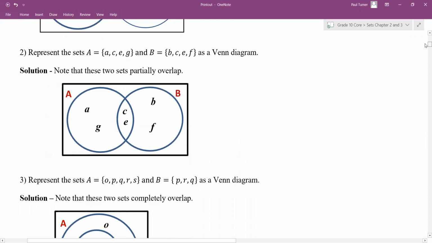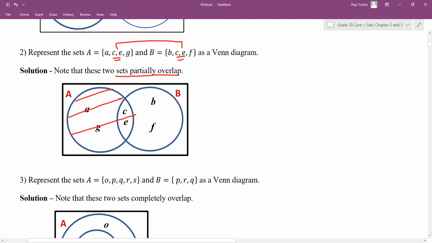In 2, we have some sets that will partially overlap. Okay, so this circle and this circle are touching because you've got C and E in this set and you have C and E in this set. Okay, so those 2 letters, C and E, go in the middle because they're shared between both circles. So set A is actually all of this.